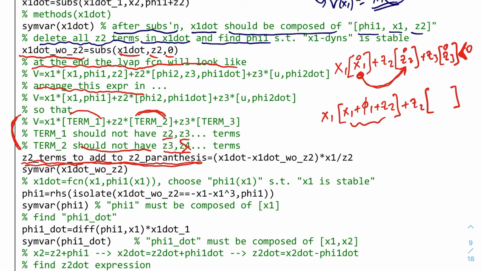First of all, let's call it x1 dot. By substituting z2 equals 0 here, and then subtracting that from your original x1 dot, what do you have? You have z2. But you need to put that expression in z2 parentheses.